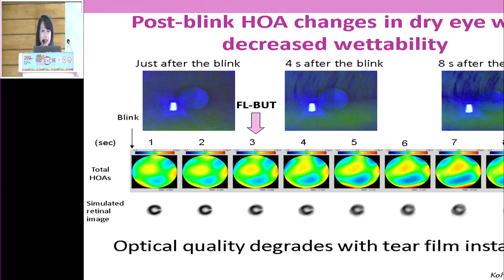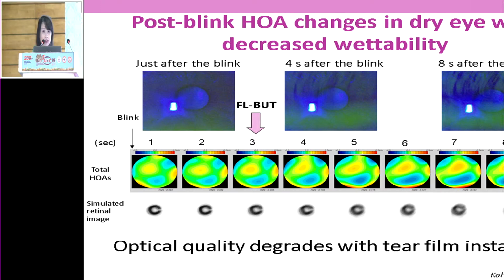This is a case of dry eye with decreased wettability. This condition is usually characterized by a decreased tear film breakup time, but usually there is no ocular surface staining and the Schirmer test value is normal.